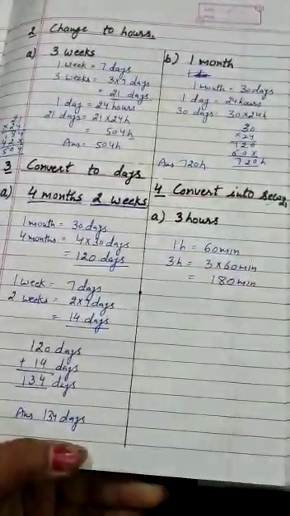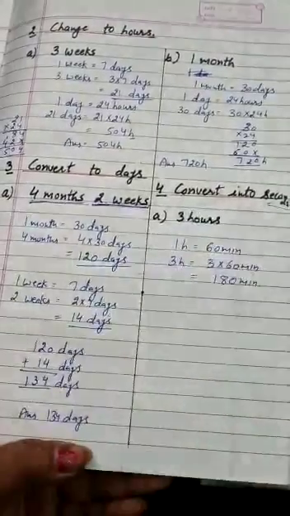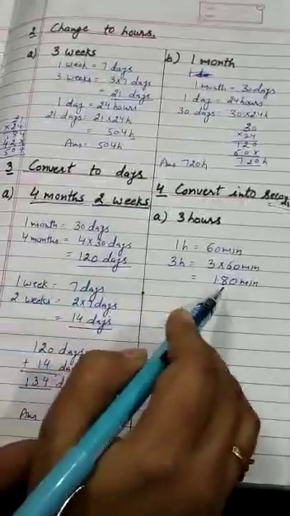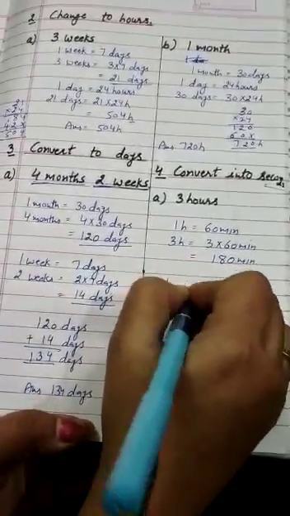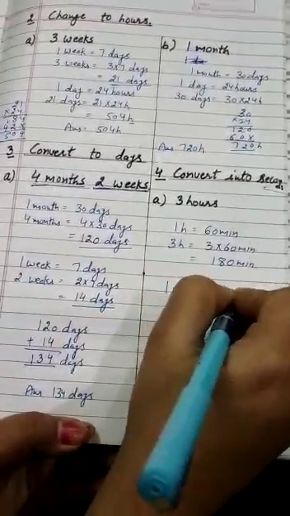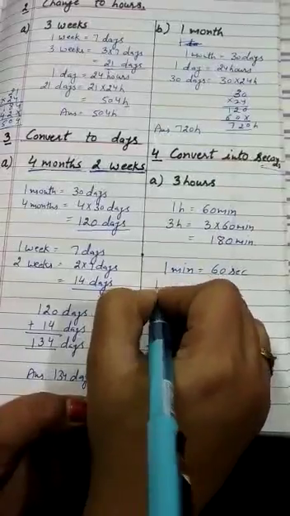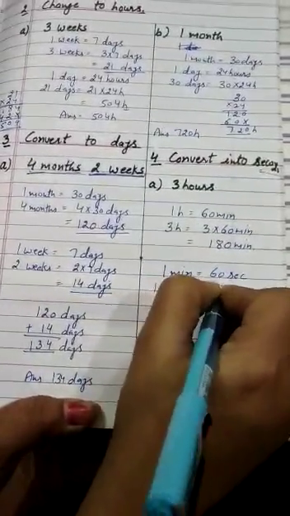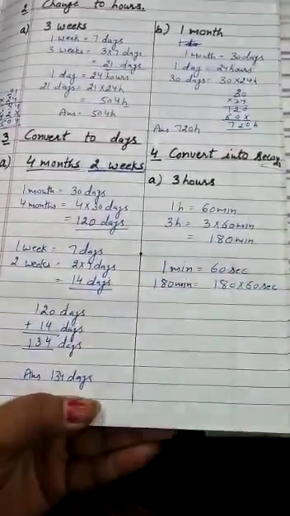But we have to convert these minutes into seconds. We have to convert 3 hours into seconds. So, as we know that 1 minute is equal to how many seconds? 60 seconds. So 180 minutes is equal to 180 multiplied by 60 seconds.